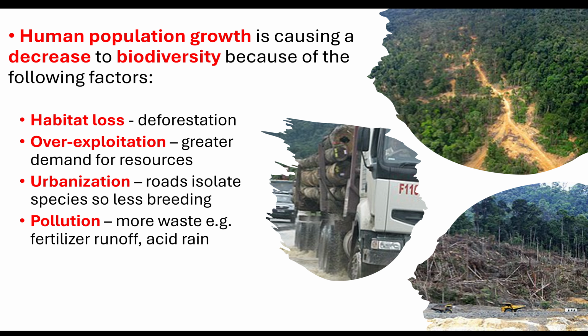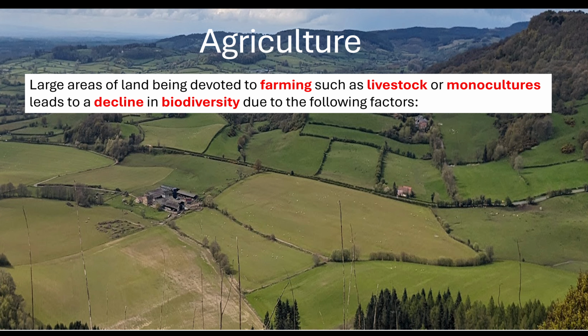We are producing way more population than we should be producing, so that's more waste, fertilizers running off into our water, acid rain because of pollution from the cars, etc. So we are having a massive knock-on effect to the biodiversity, and that is decreasing.